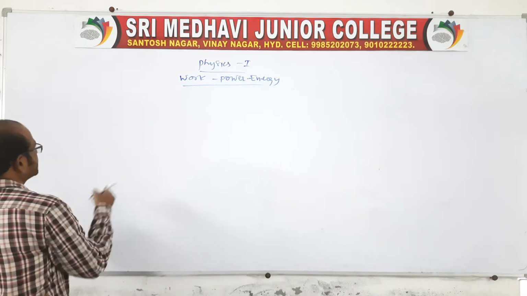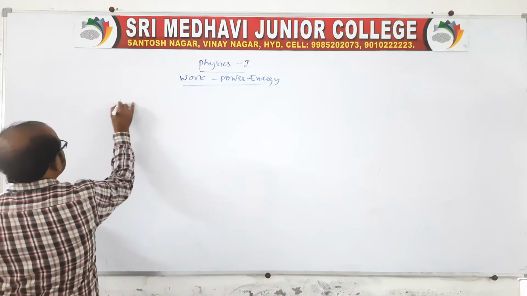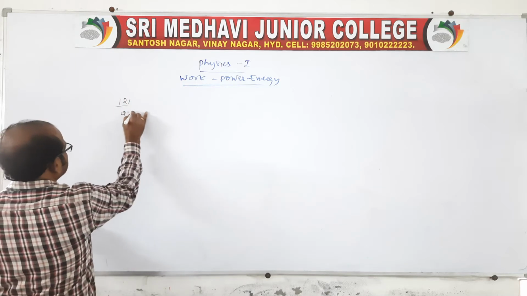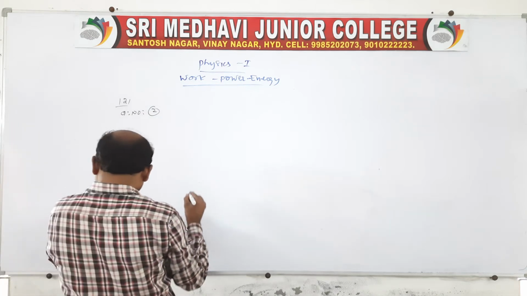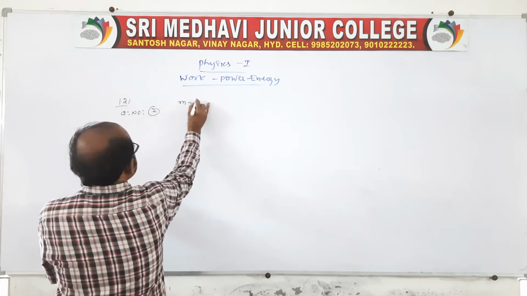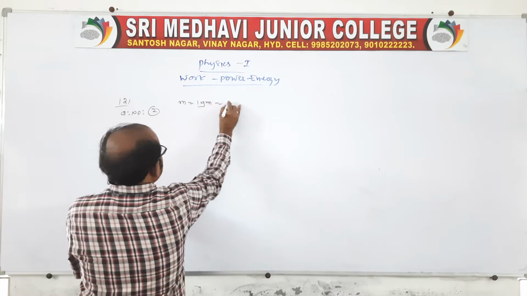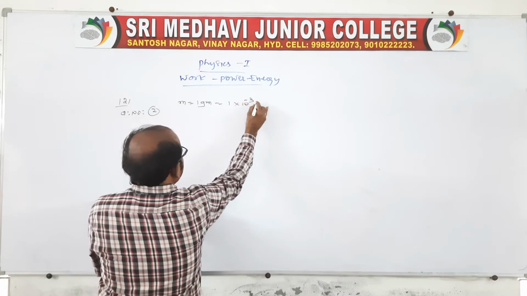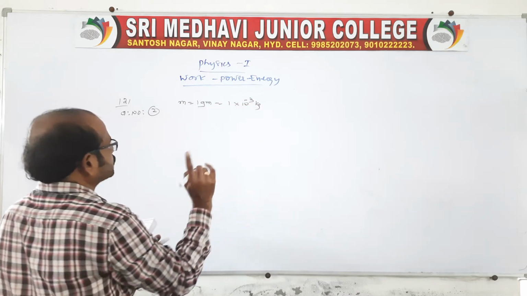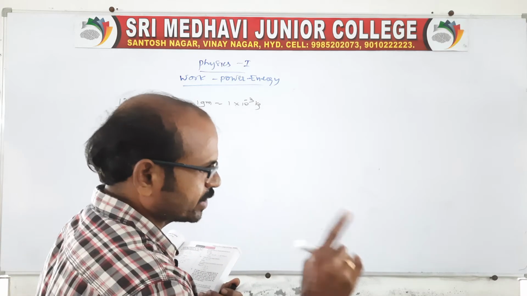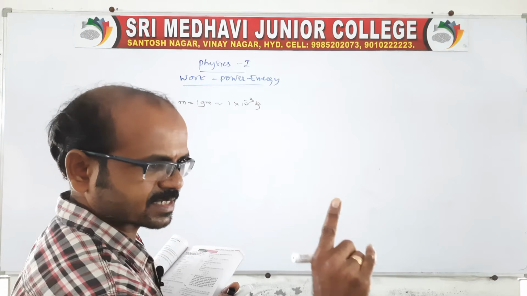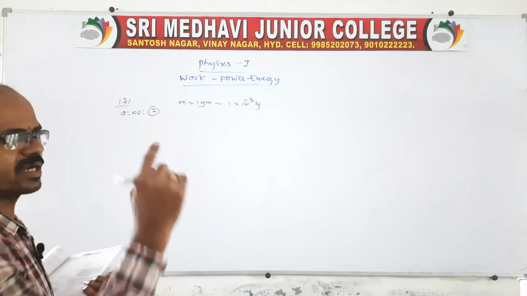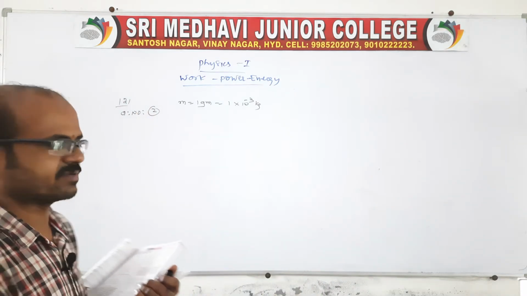Page number 121, question number 2. The mass of the raindrop is given as 1 gram, which you convert into kgs. We should take everything in one system, either CGS or MKS, but it is better to always work in the MKS system only. After that you can convert to whatever system is asked.